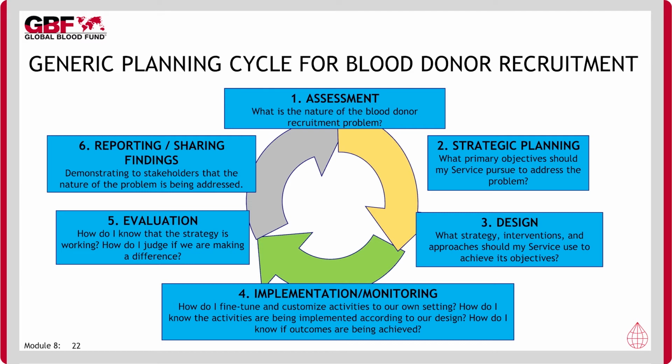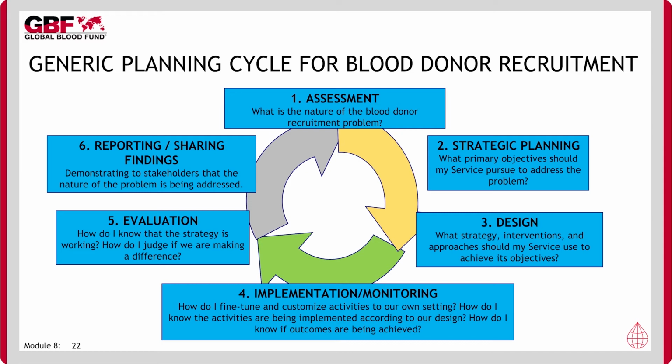In the design stage 3, it is important to define the approaches that will be pursued so that the recruitment function objectives are met. So, for example, what proportion of demand will be met through community blood drives and what through hospital-based or other fixed collection facilities? What communication strategies will be used to inform and educate donors?